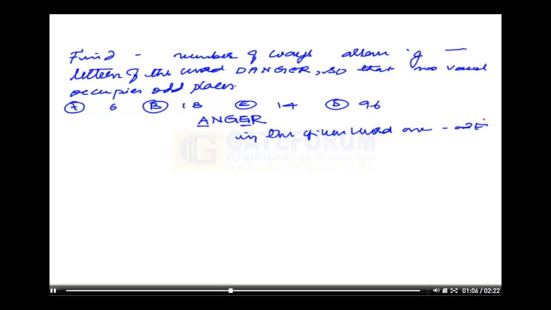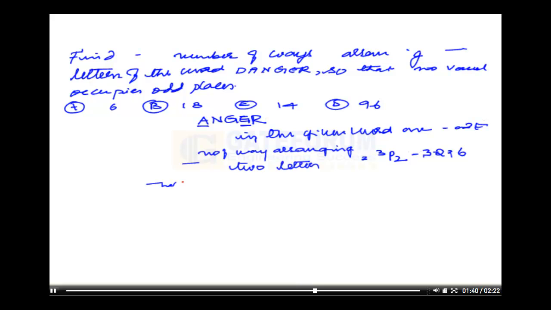Therefore, the number of ways of arranging these 2 letters is equivalent to 3P2, that is 3 into 2, 6, and the remaining 4 consonants can be arranged in the remaining 4 places.